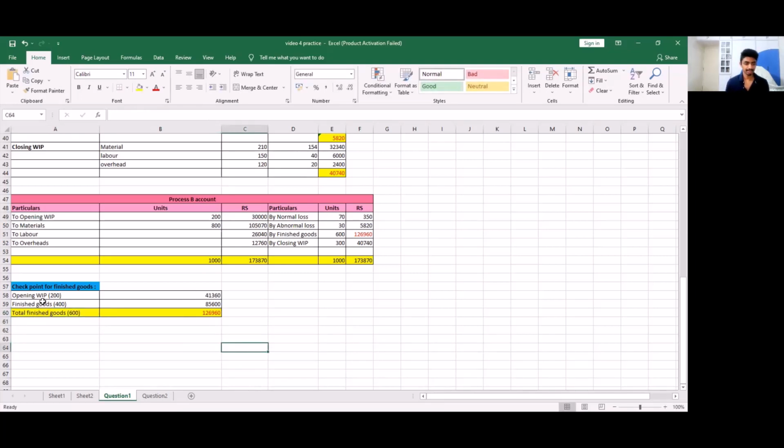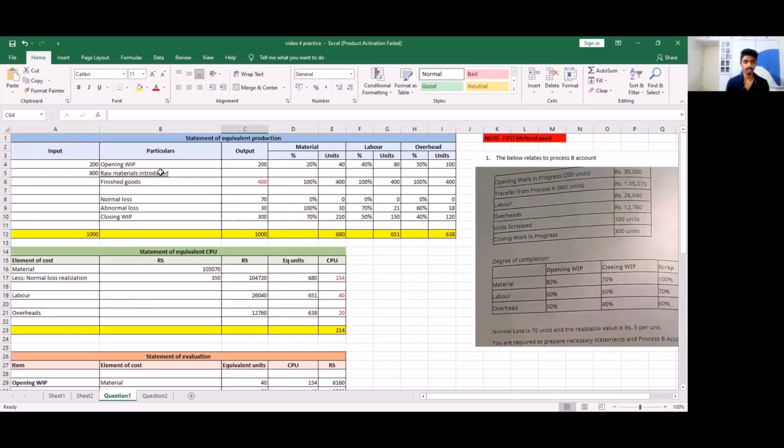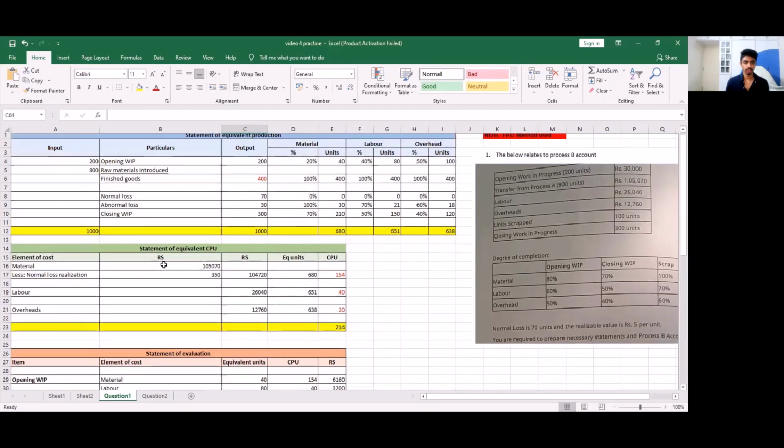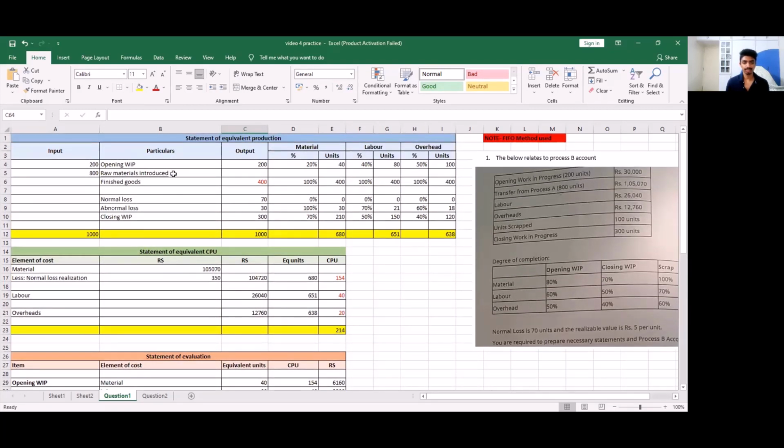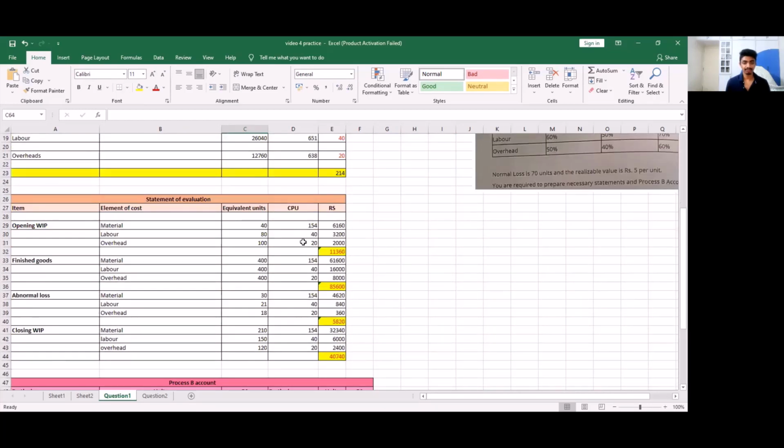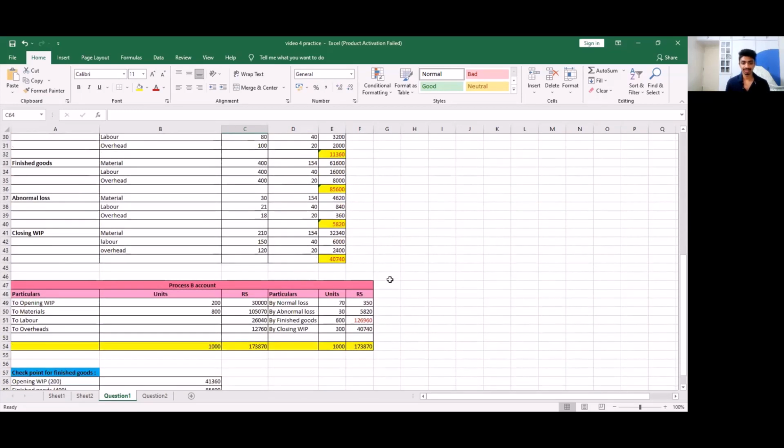So here, it simply means that our opening work in progress of 200 units will go on to become our finished goods. So this makes up 200 units and our finished goods of 400 units from our raw material. To find the total cost of finished goods, for opening work in progress, it has costed us 30,000 in our previous year and 11,360 in this year to finish the entire work on these goods.